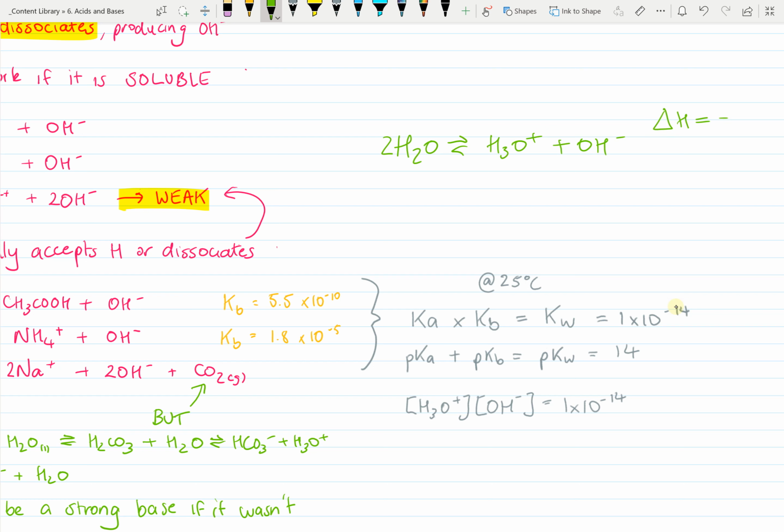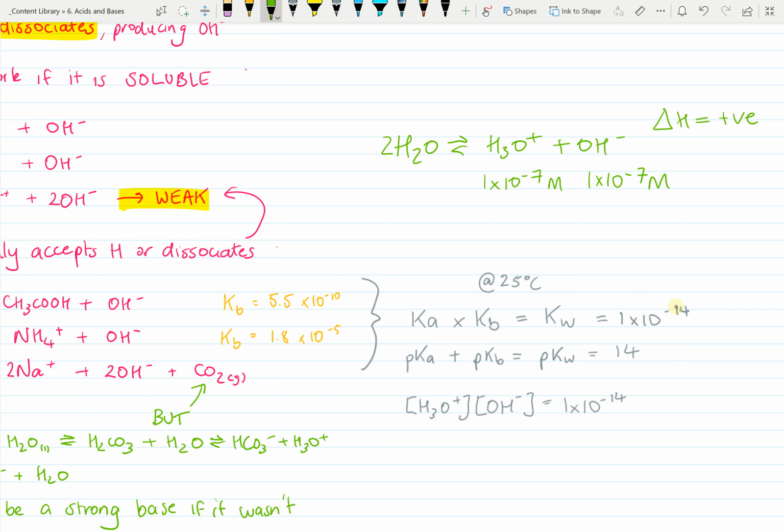This is an endothermic reaction. At 25 degrees, there's just enough energy to make a small amount of this. And if you go measure their concentrations at 25 degrees, you get 1 times 10 to the negative 7 moles per liter and 1 times 10 to the negative 7 moles per liter.